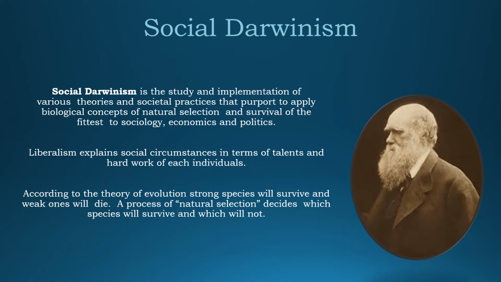So Spencer, for example, argued that natural selection takes place not only amongst animals but also in society. Inequalities of wealth, social position, and political power are therefore natural and inevitable. Therefore, no attempt should be made by government to interfere with them. Any attempt of the government to create social equality, for example, is useless and undesirable.